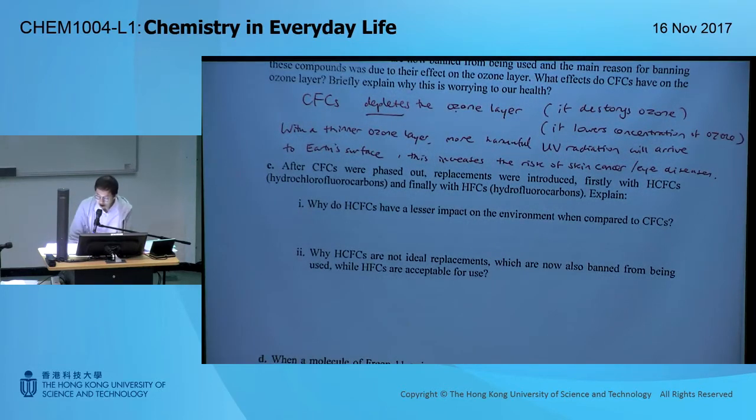So after CFCs were phased out, some replacements were introduced. Firstly, the ones called HCFCs, hydrochlorofluorocarbons, and then finally HFCs, hydrofluorocarbons. Explain why HCFCs have a lesser impact on the environment when compared to CFC. So the reason for adding the hydrogens in the molecule is to reduce their lifetime, make it less stable.